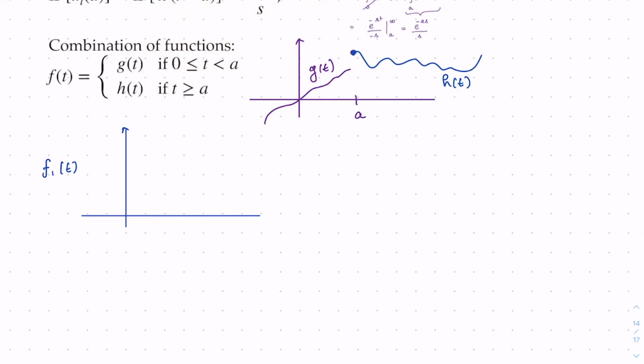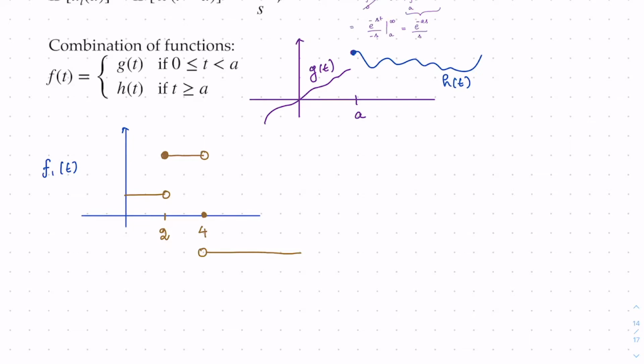Until 2, it is 1, and then there is a hole right there, and then it is 3 from 2 to 4, and then let's just say it is -2 from 4 onwards.